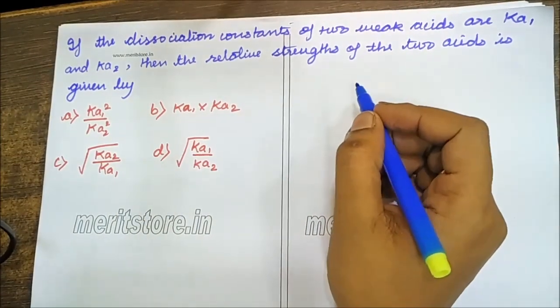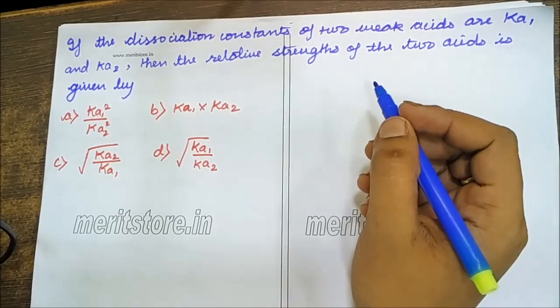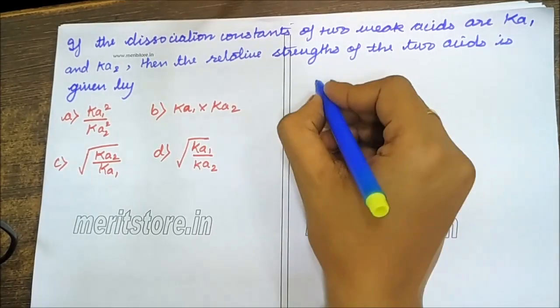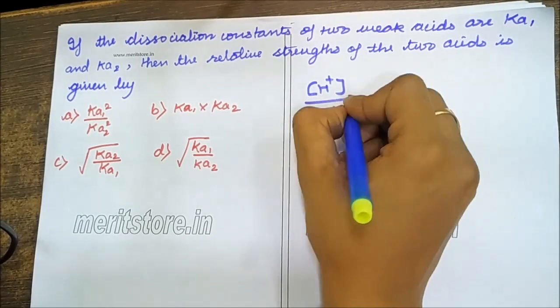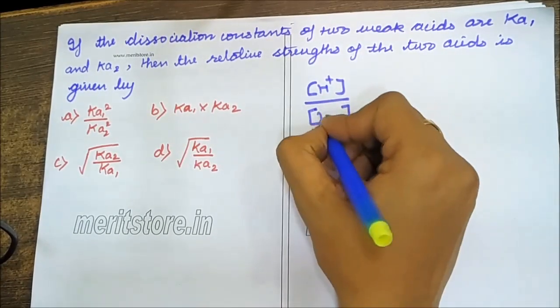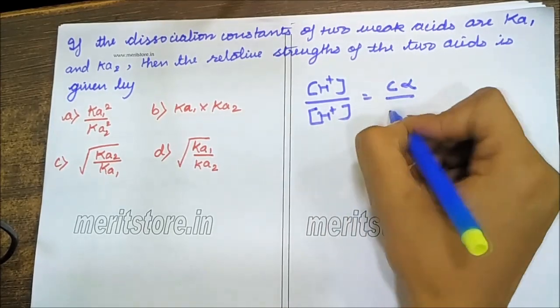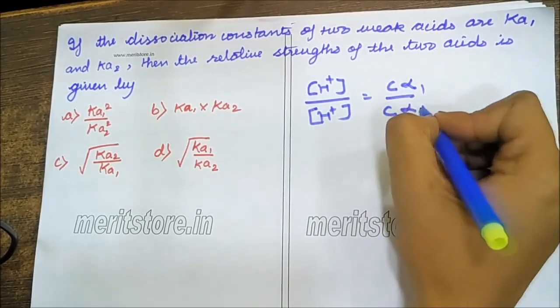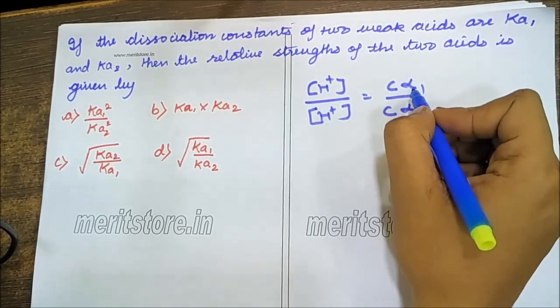The dissociation constants of two weak acids are given to you, and they are asking you the relative strength of the two acids. Now remember, the relative strength is given by their hydrogen ion concentration. We know that the hydrogen ion concentration is given by concentration into the degree of dissociation.